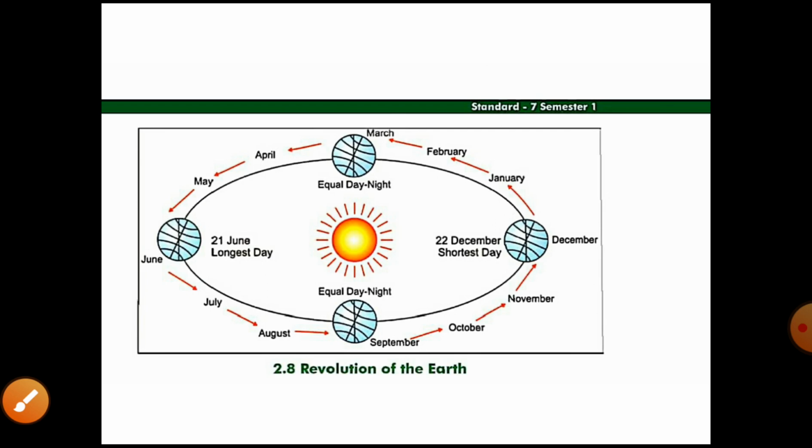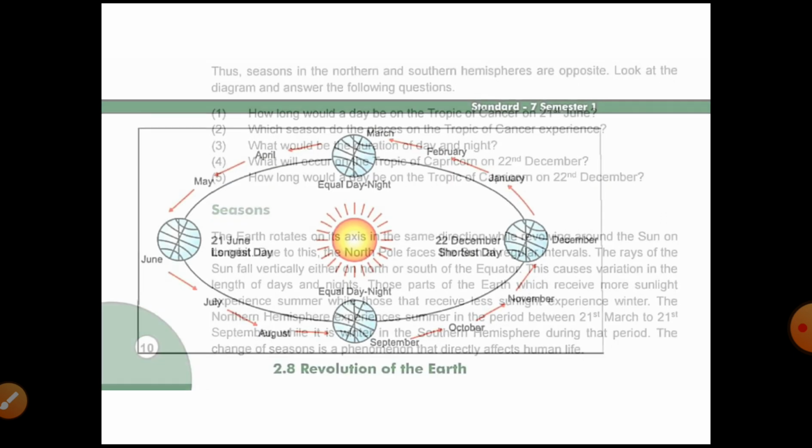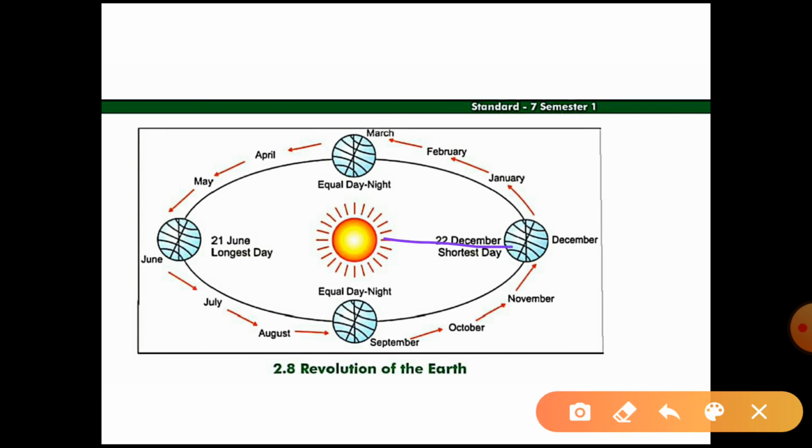Next, how long would a day be on the Tropic of Capricorn on 22nd December? On 22nd December, the day on the Tropic of Capricorn will be the longest, because here in the southern hemisphere, on the Tropic of Capricorn, the sun rays are falling directly.